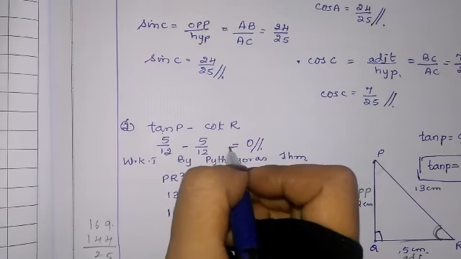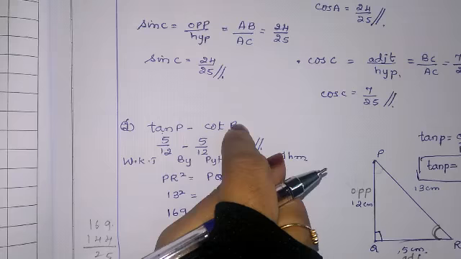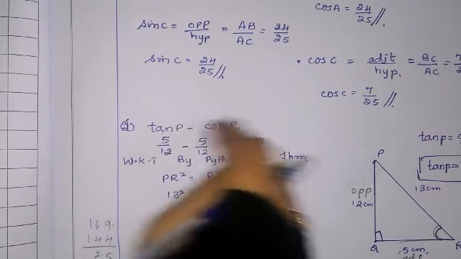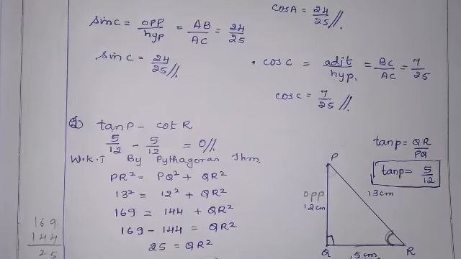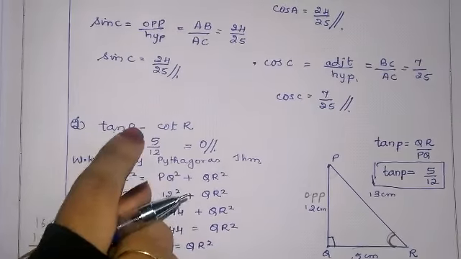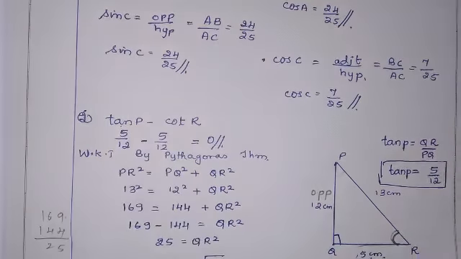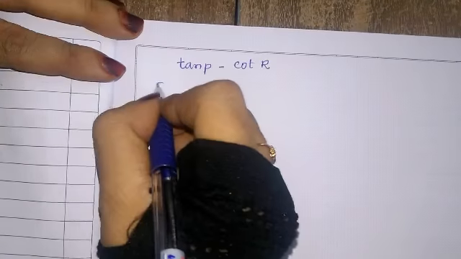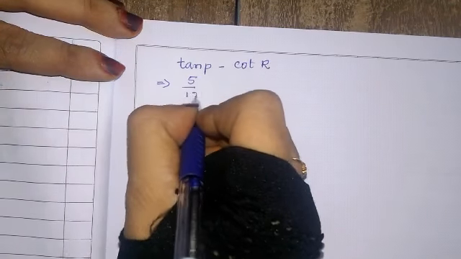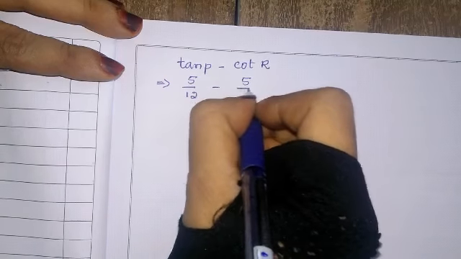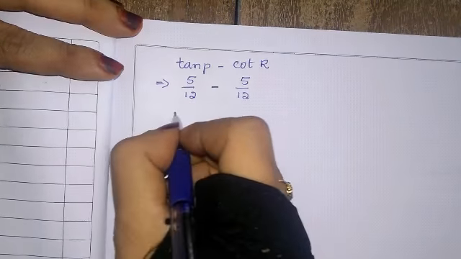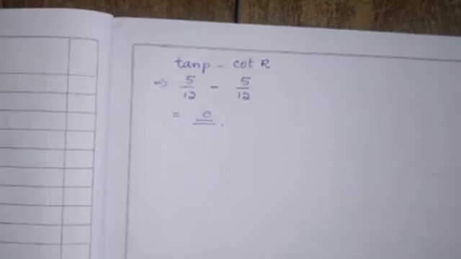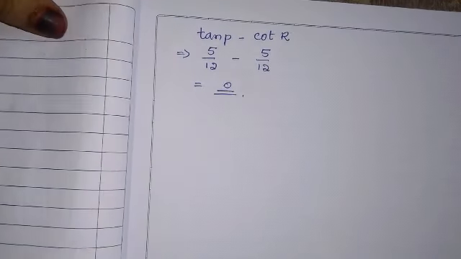So the answer is 0, because tan P value is 5 by 12 and cot R value is also 5 by 12. So we got the answer for the second question.